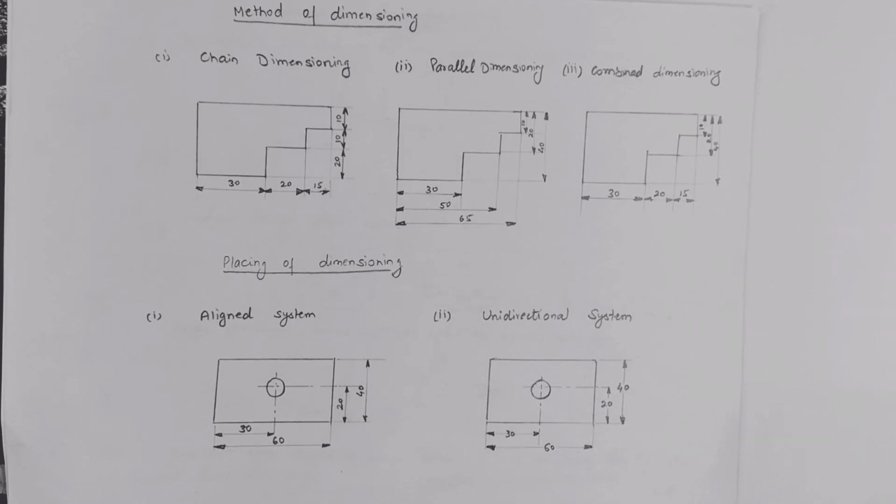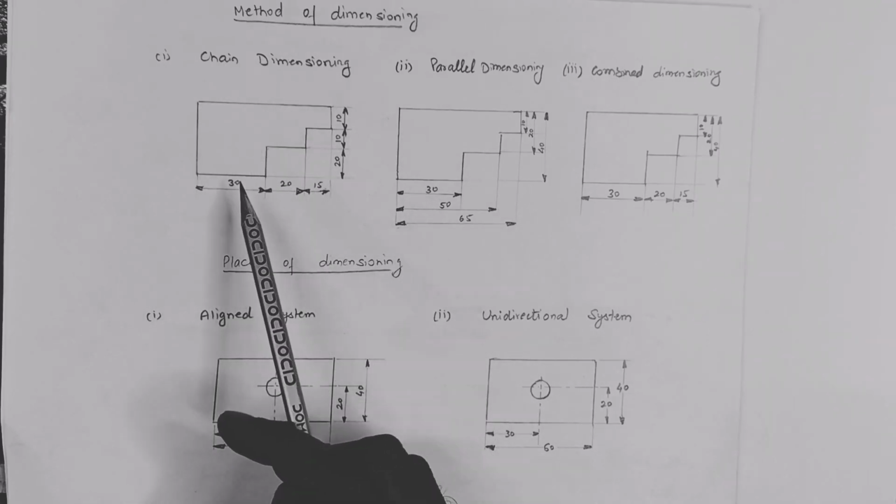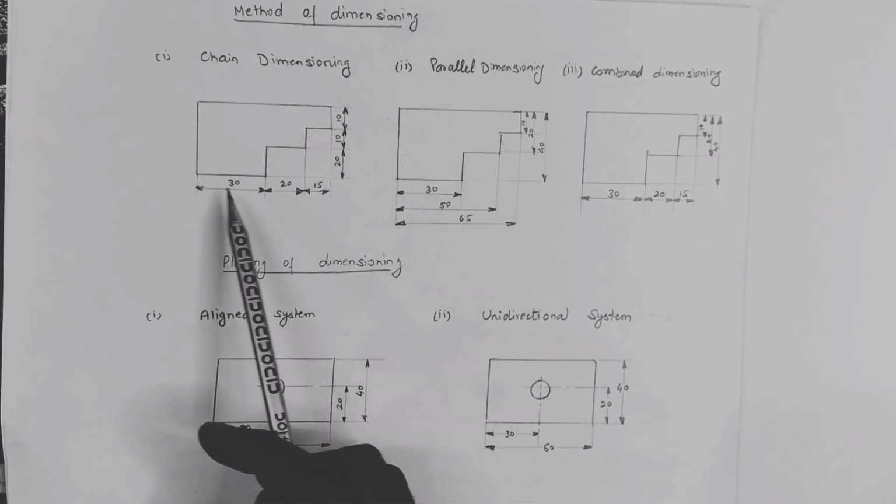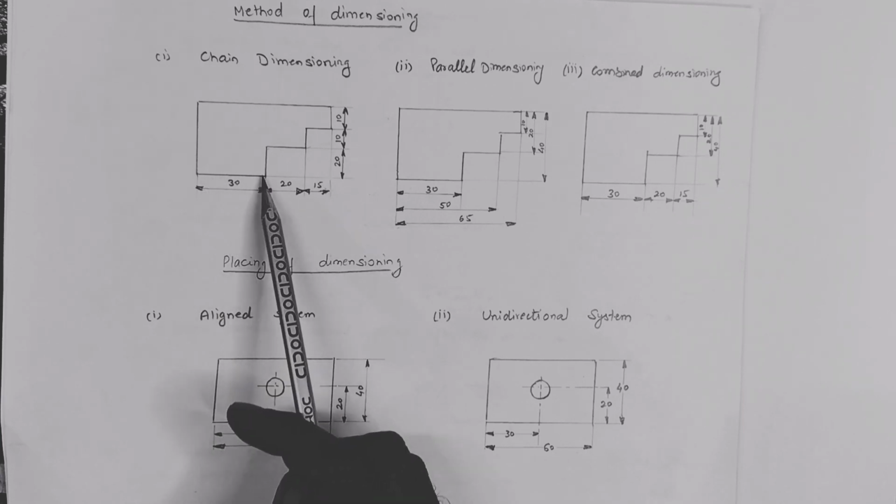Now is the method of dimensioning. So we have 3 types of methods of dimensioning, that is chain dimensioning, parallel dimensioning, and combined dimensioning. You can see this first one is chain dimensioning. In this case, the dimension starts from this reference line and extends up to the edge of this length.